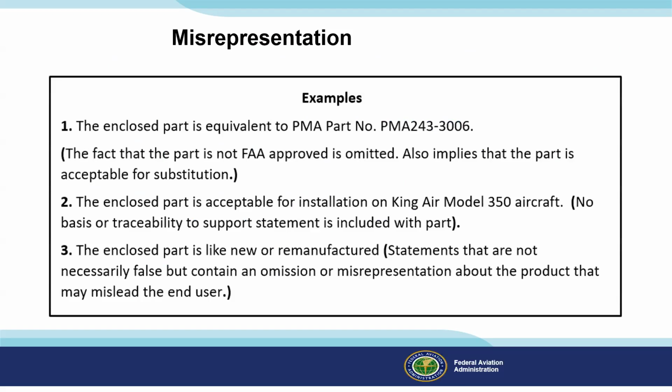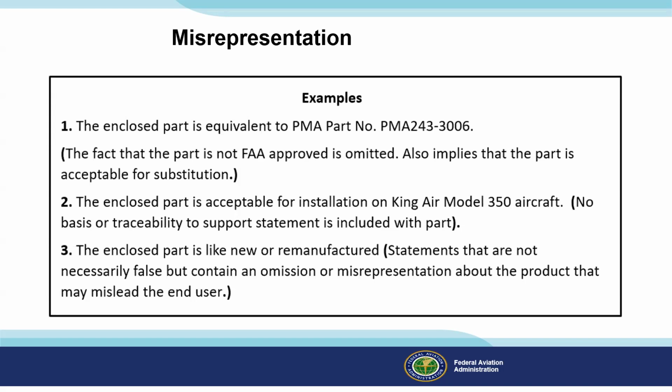The enclosed part is equivalent to PMA part number, PMA 24243-30-6. The fact that the part is not FAA approved is omitted, and it implies the part is acceptable for substitution. So that's misleading.